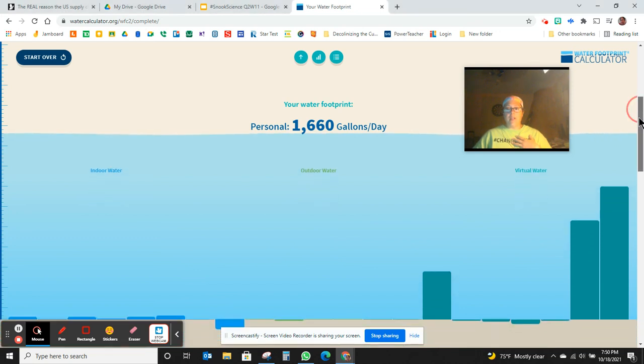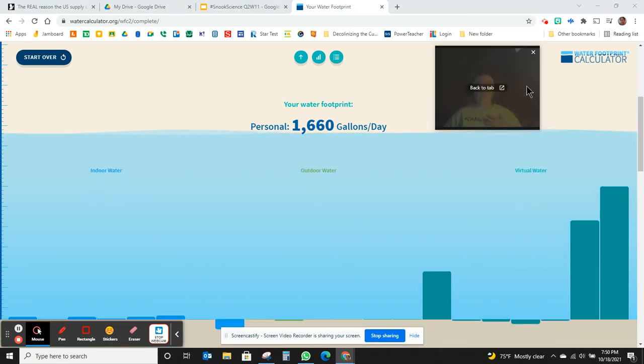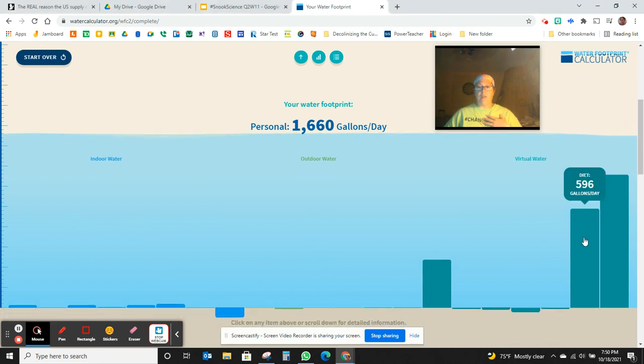It looks like most of the water that I'm using is virtual water, water that is used for the things I have to do every day. Not what I'm doing at home, because I started conserving water a long time ago. Outdoor water, not too much because I do use rain barrel water.